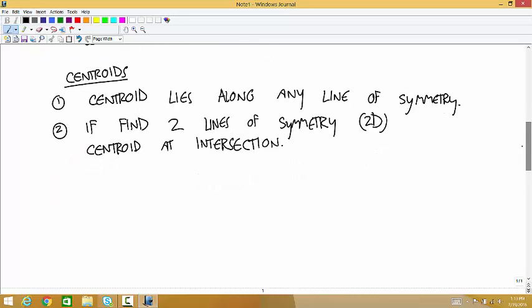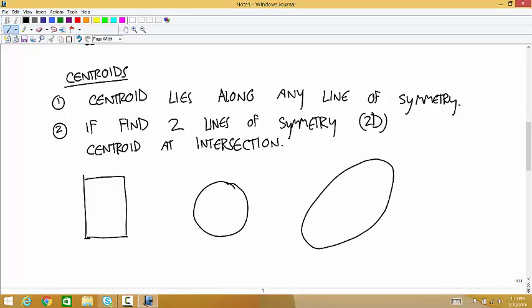Okay, so rectangles, circles, that's supposed to be like an ellipse. You have a line of symmetry there, a line of symmetry there, so the centroid is where it crosses. A circle, you have infinitely many lines of symmetry, but they all cross at the centroid.